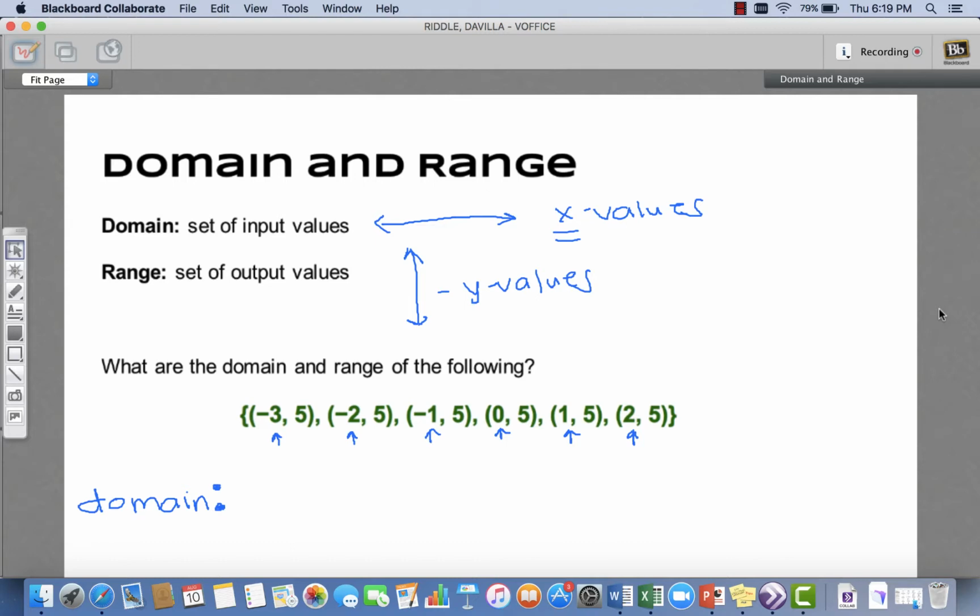Good. So instead of writing that, you can actually put the following. If they were to ask you, your domain is from -3 to 2, right? Because that's where your numbers are.